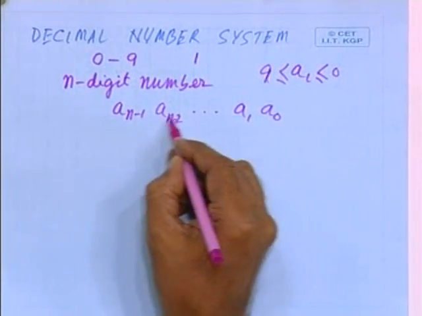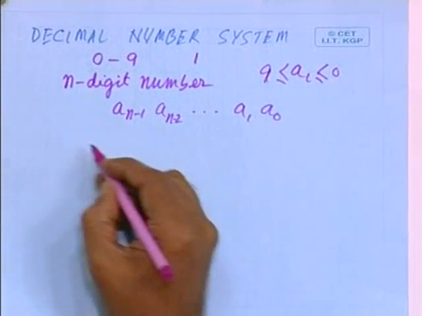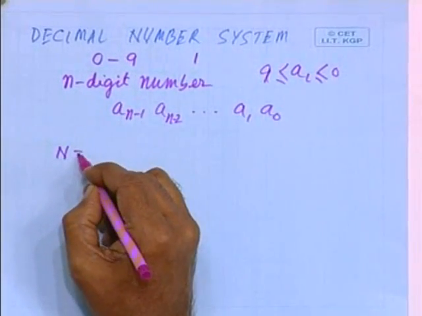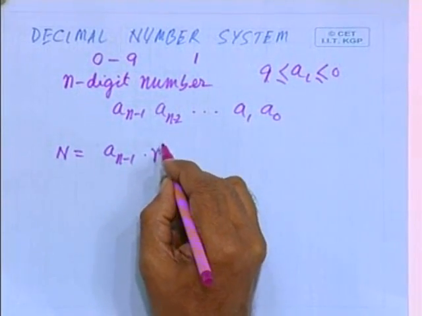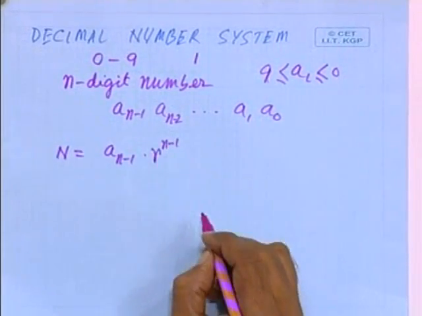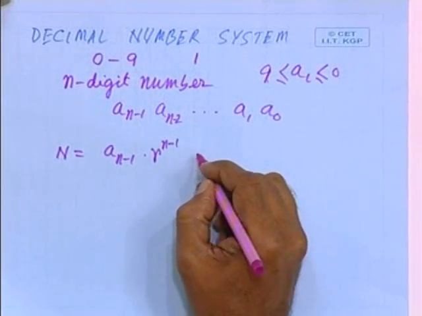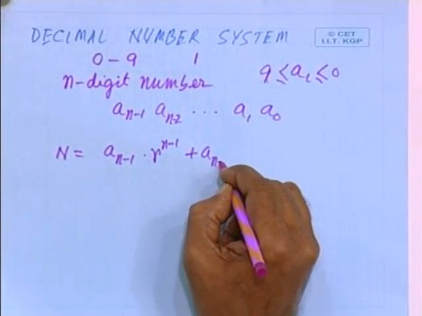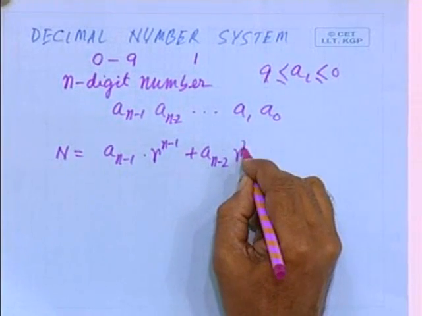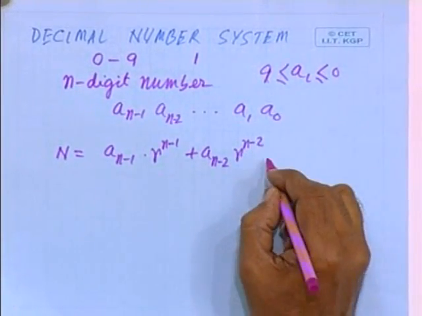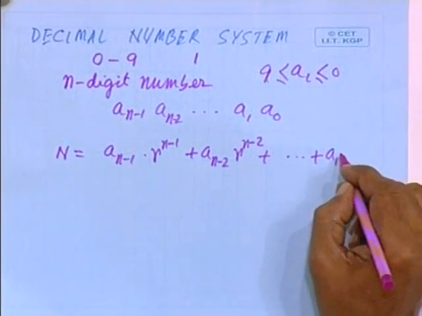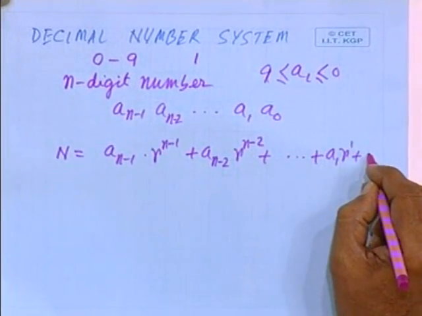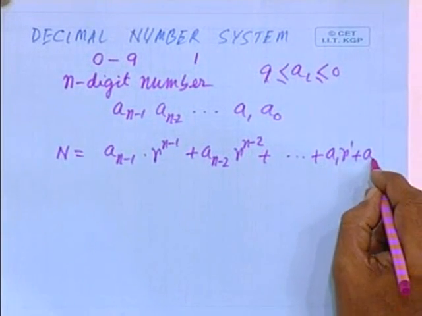Now, how is the value of this n digit number calculated? N is equal to a(n-1) into r to the power n-1, plus a(n-2) r to the power n-2, plus dot dot dot, plus a1 r to the power 1, plus a0.